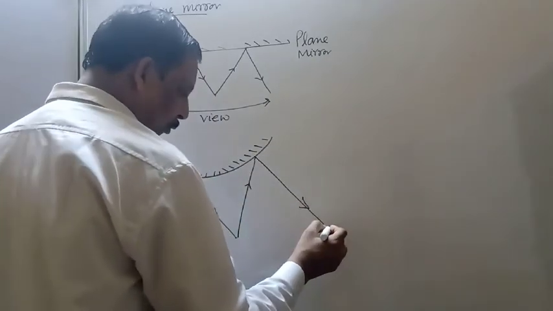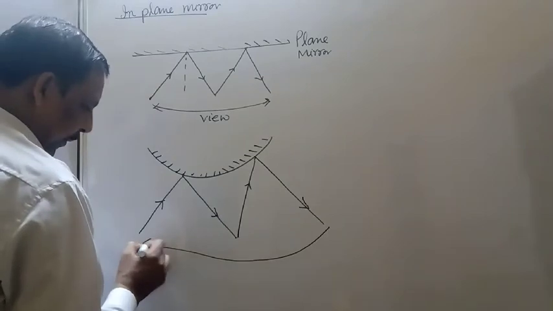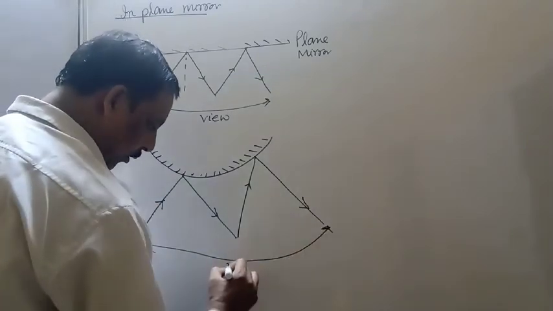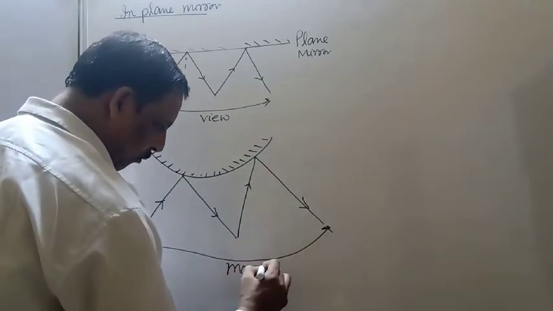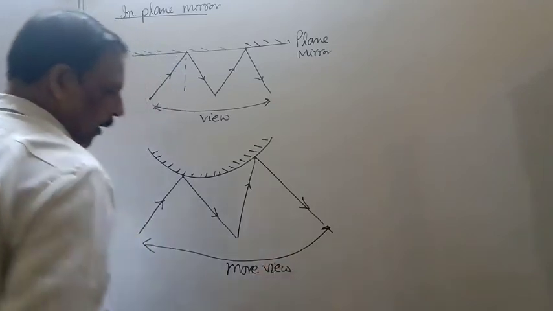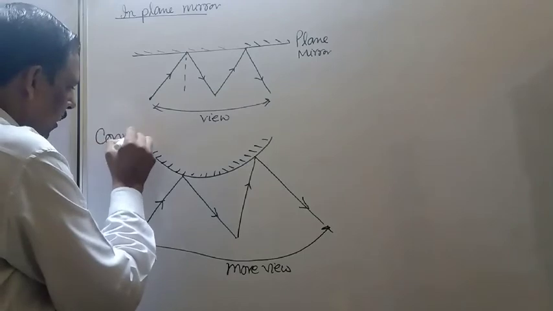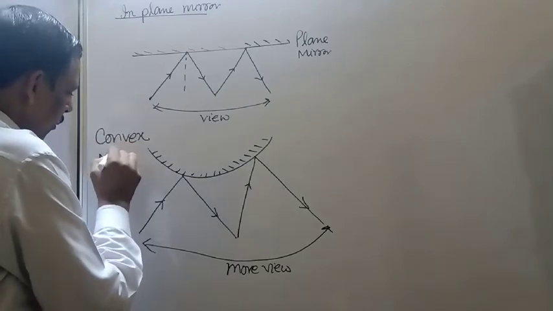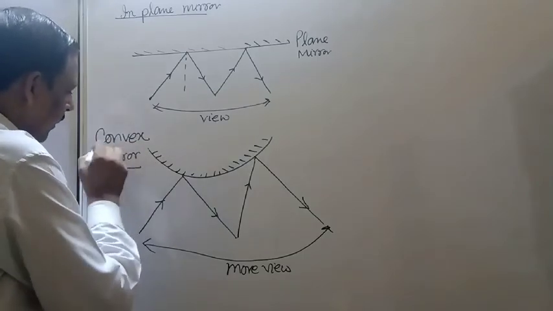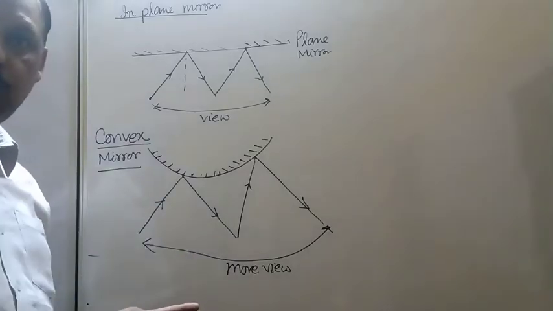Then the view is comparatively more. It means that with the help of a convex mirror, we can see a larger view.